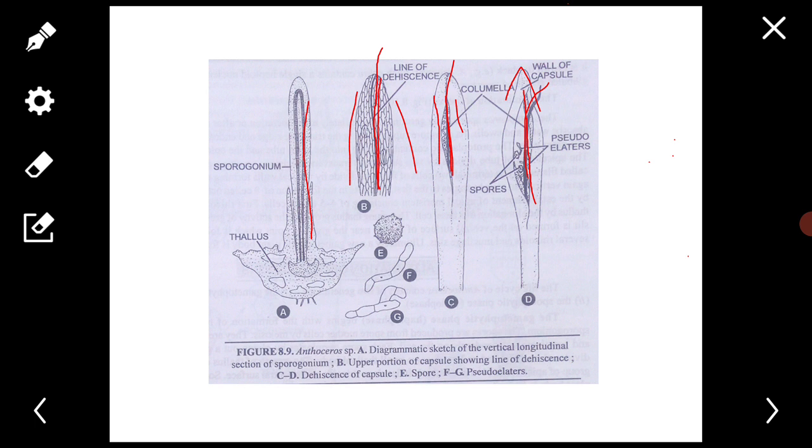The dispersed spores are blown away to some distance by the air. The number of lines of dehiscence may vary from 1, 2, 3 or 4, depending on the type of the species.